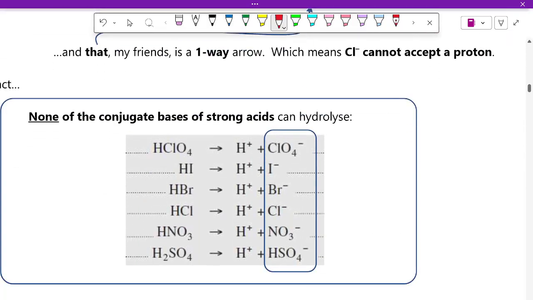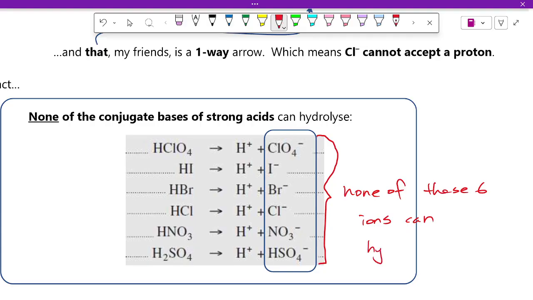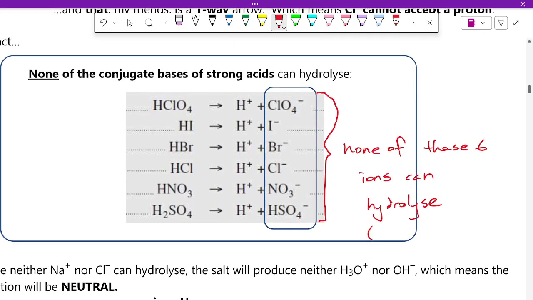So none of these 6 ions can hydrolyze except HSO4. Why am I writing S like that?